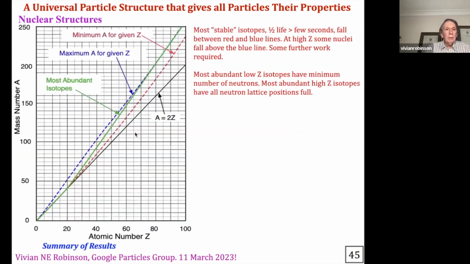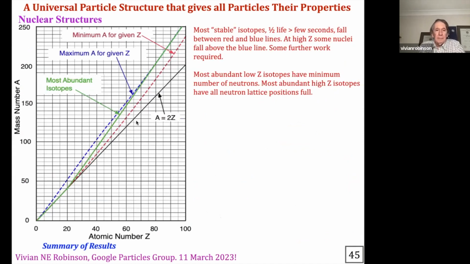Just as a quick one, the two dotted lines represent the limits within which the most abundant and stable nuclei with half-lives above a second or two are found.